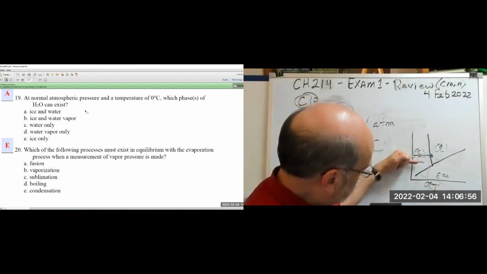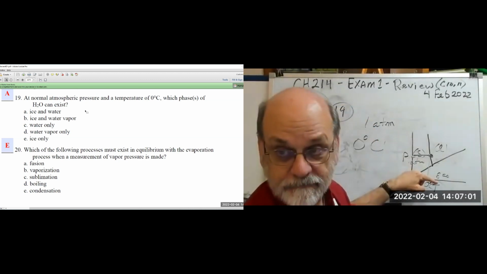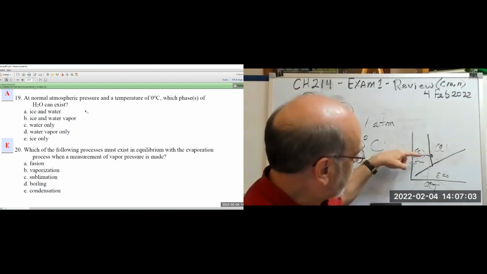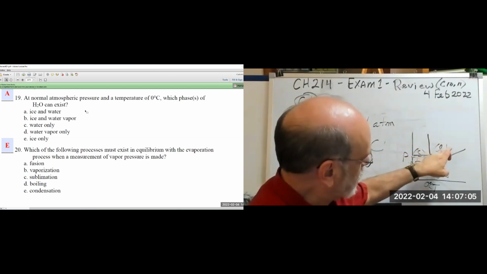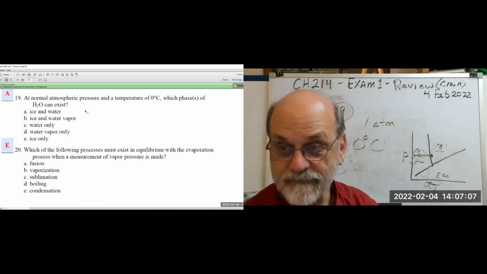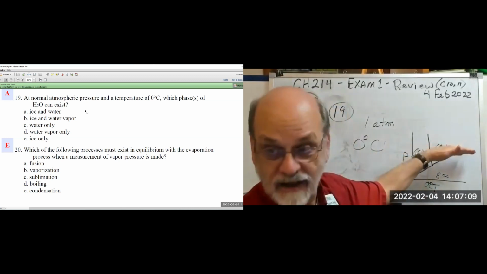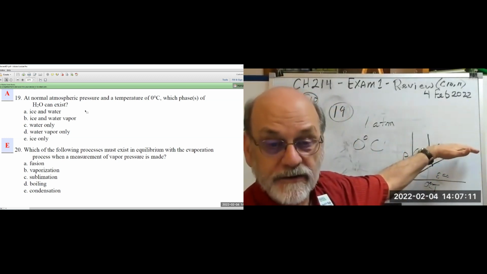At this temperature and pressure, you can have solid and gas. At this pressure and temperature, you can have liquid and gas, right? If that's still 1 atmosphere, that will be at 100 degrees Celsius.